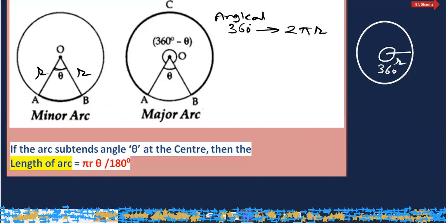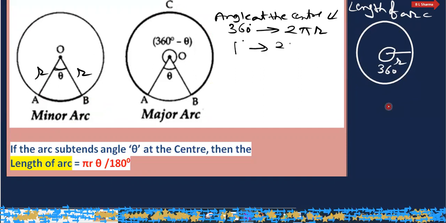So you can say angle at the center, and this is length of arc. If it is 1 degree, by the unitary method, the length of arc will be 2 pi r upon 360.